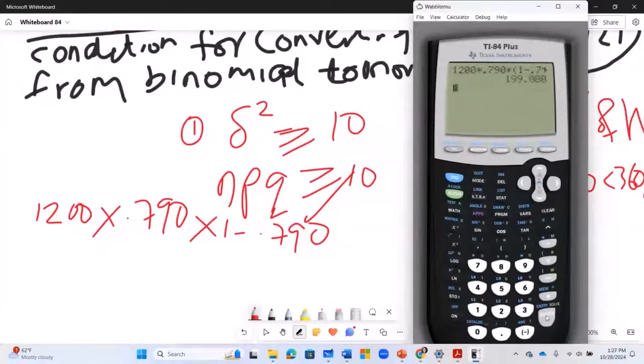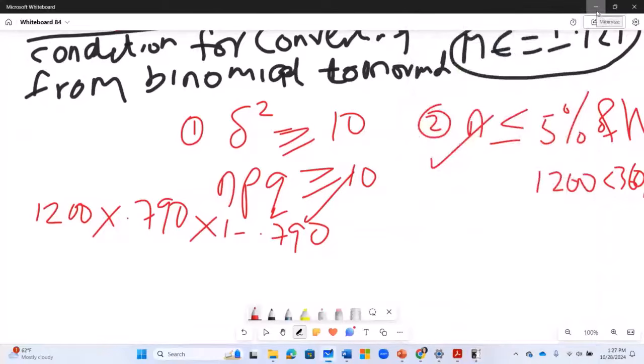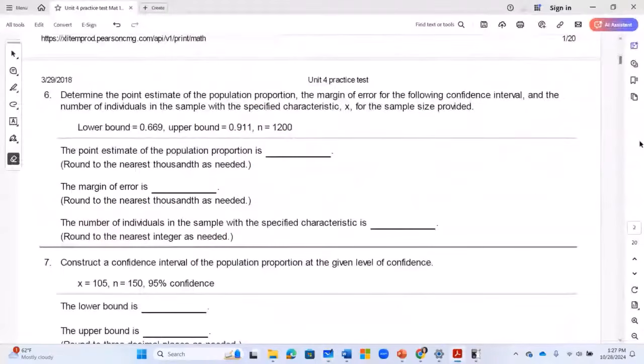My answer is greater than 10. So condition number one is satisfied. So I can do inference. What do I mean by inference? I can do a confidence interval. I can do hypothesis testing. If the conditions are satisfied, I can do a confidence interval or hypothesis testing. All right, so now I can find a question on confidence interval. Let's see. Question number 7 is a confidence interval.